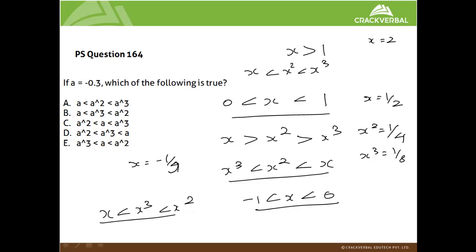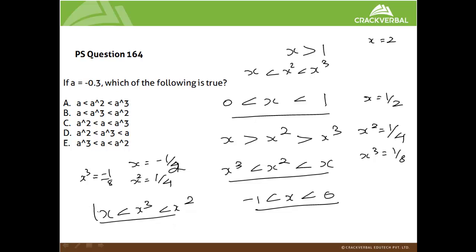Then x square will become 1 by 4 and x cube will become minus 1 by 8. The denominator increases, the magnitude decreases, but since it's a negative number, the least magnitude has to be the greatest. So x cube is greater than x, and x square has to be greater because it's a positive number.